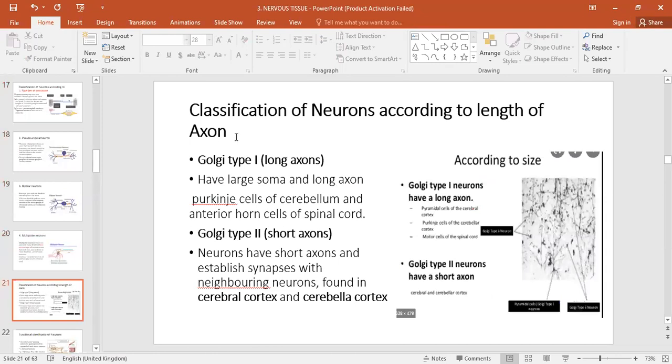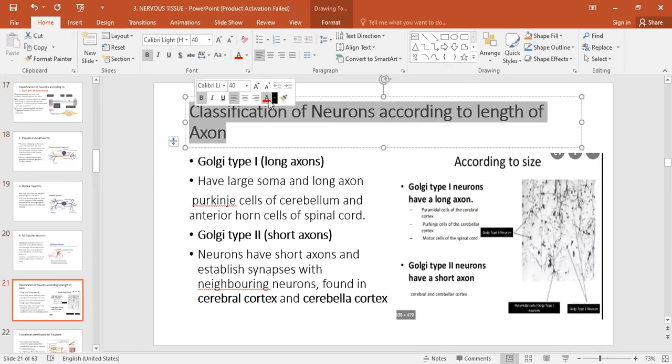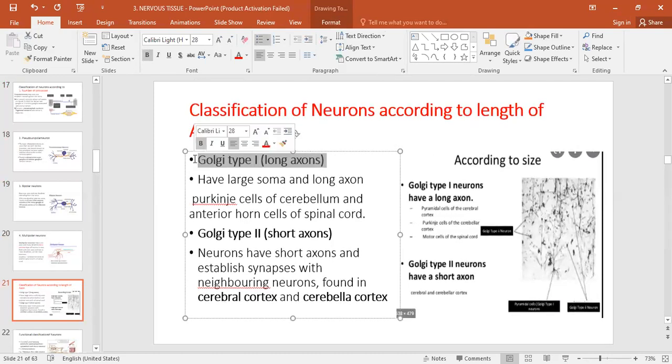Now, we can also classify neurons based on the length of the axons. So, neurons that have long axons, we call them Golgi type 1 neurons. Neurons with short axons, we call them Golgi type 2 neurons.